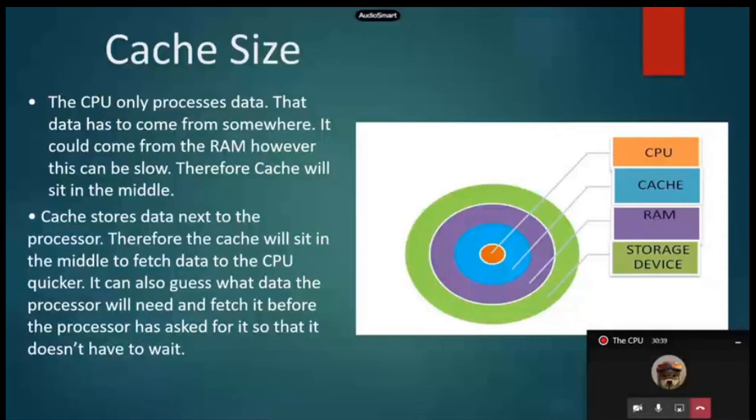Okay. Now, cache, all it does is it will store the most recent instructions used by that user. So for instance, if you close down a web browser and then reopen it dead quick, it'll actually open up nearly instantly, because it knows where to go for those instructions, because it's already been through the full process once.